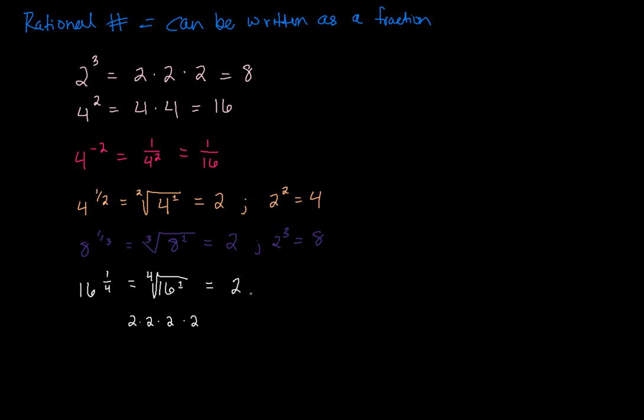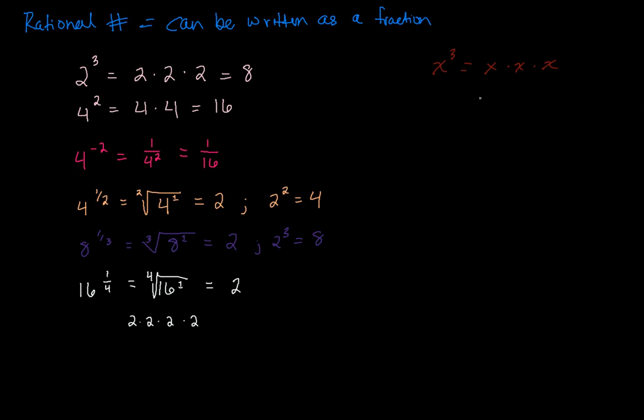Now let's say you were going to do this with a variable instead. Let's say we had x to the third instead of 2 to the third. Now that's the same thing as x times x times x. We can't simplify that anymore because we don't know what x is. We'd have to plug in a value for x. Maybe it's 2, maybe it's 4, maybe it's 16.